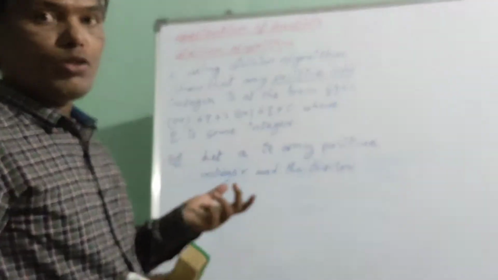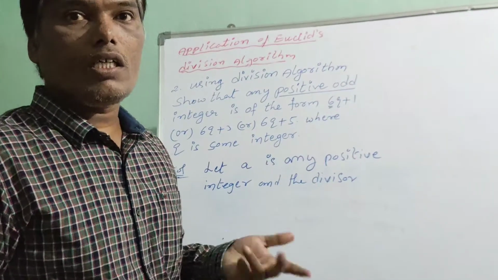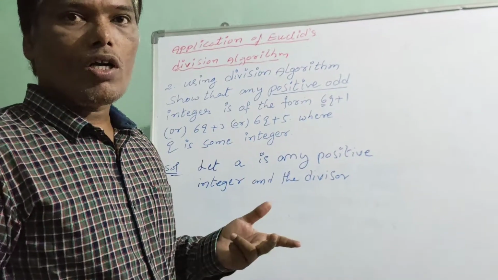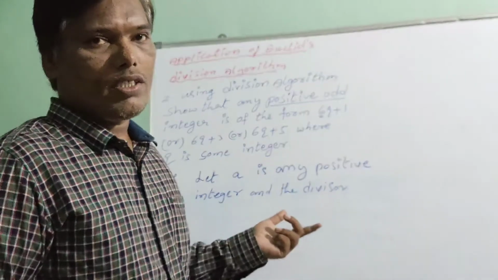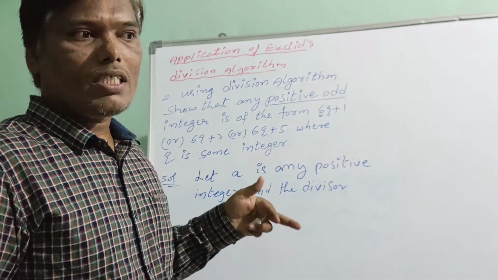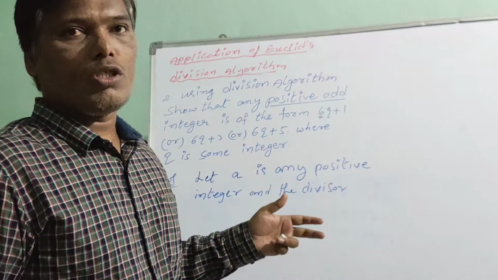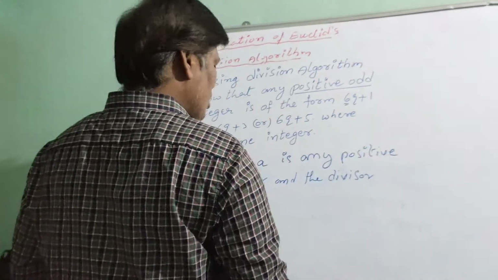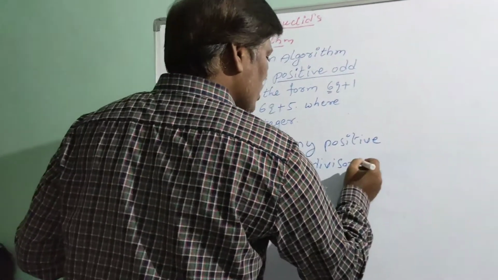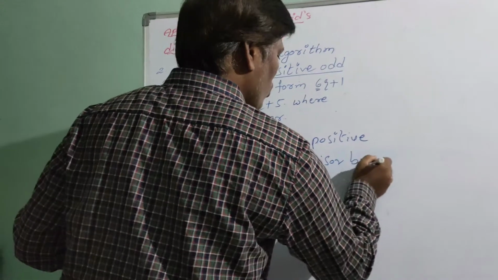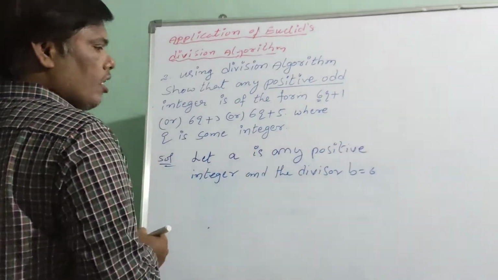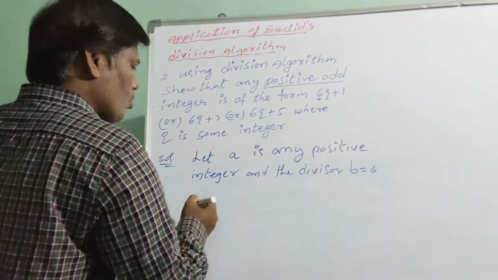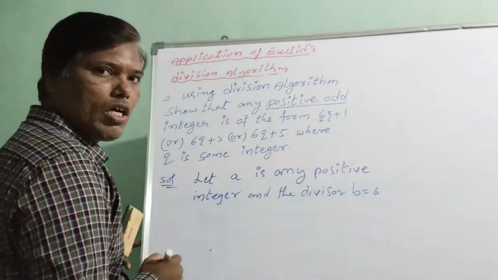You get these forms only when you choose the divisor 6. So choosing the divisor is very important. Let a be any positive integer and the divisor b equal to 6. Then apply Euclid's division algorithm.